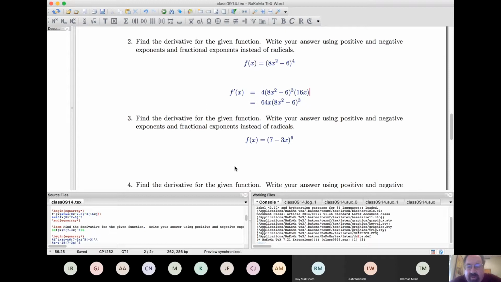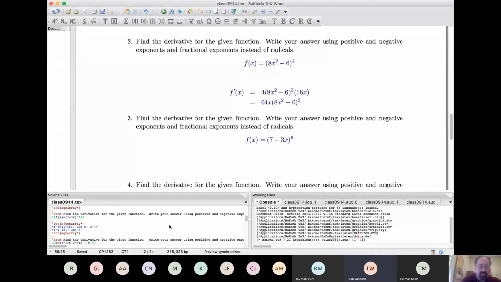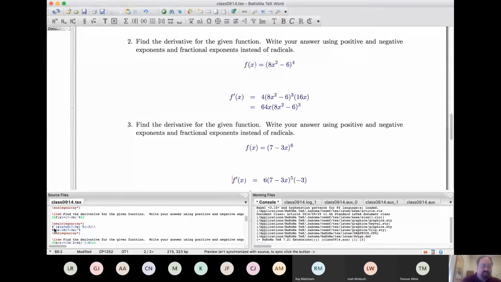Okay. Well, sorry, could you repeat the first part of that answer? Would the derivative be negative 18 and then in parentheses 7 minus 3x, close parentheses, to the 5th power? Yes. Yeah, the first time I didn't catch the negative.